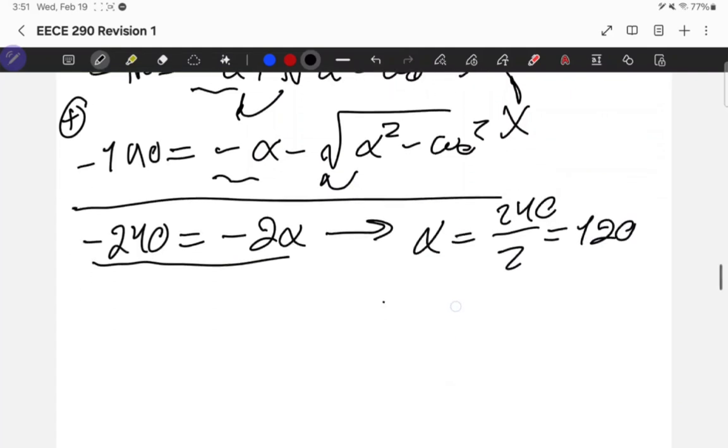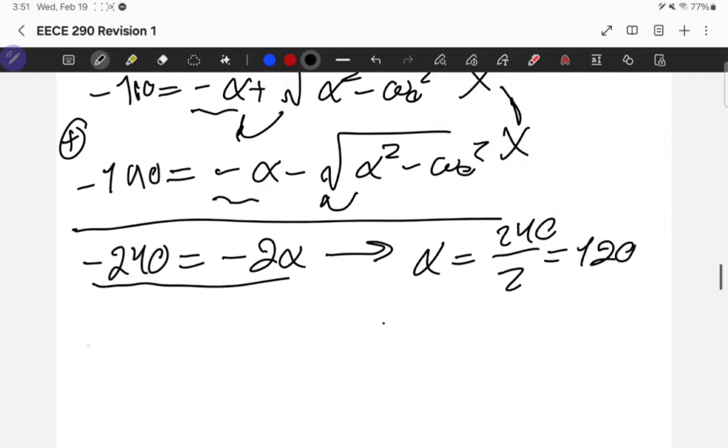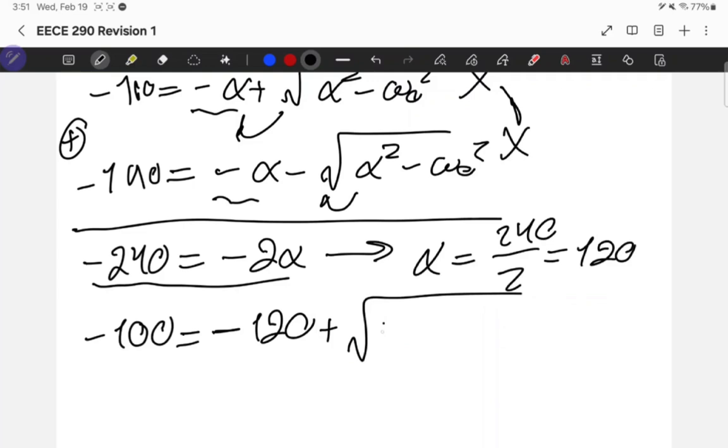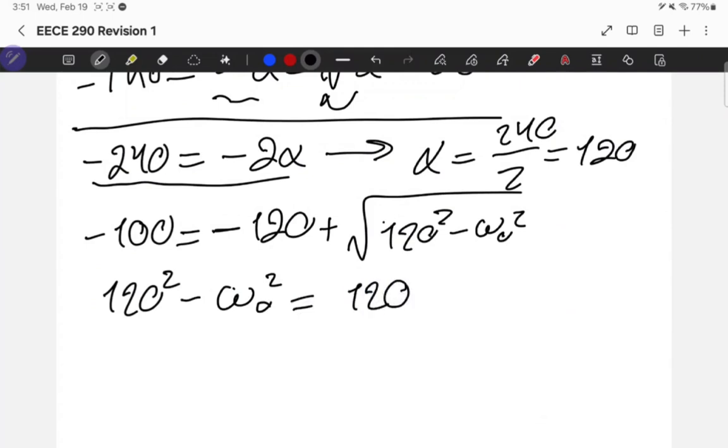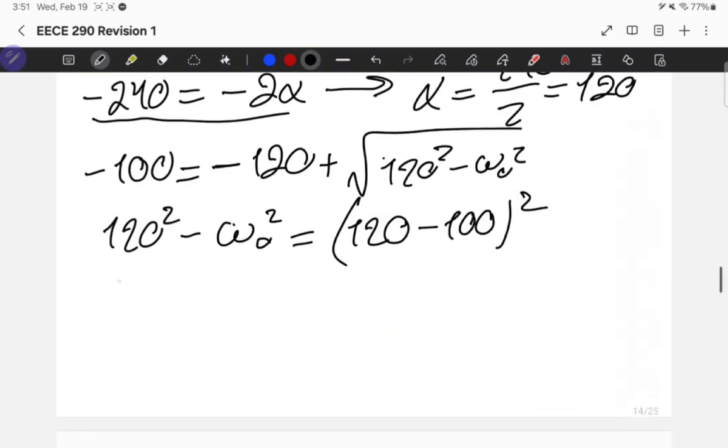I got one of the unknowns, and I can get the other simply by replacing in one of the equations, so I choose minus 100. This is equal to minus alpha, so minus 120, plus the square root of 120 square minus omega 0 square. Now isolate: 120 square minus omega 0 square is equal to 120 minus 100, all of it squared.